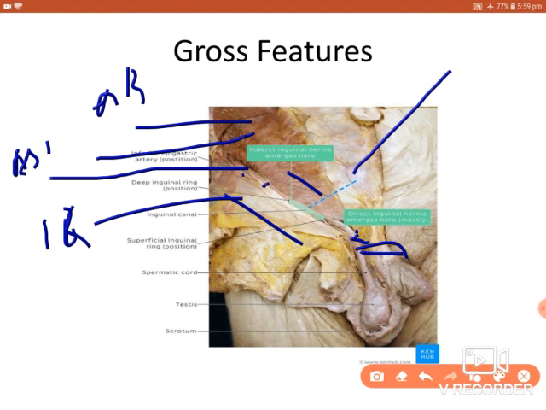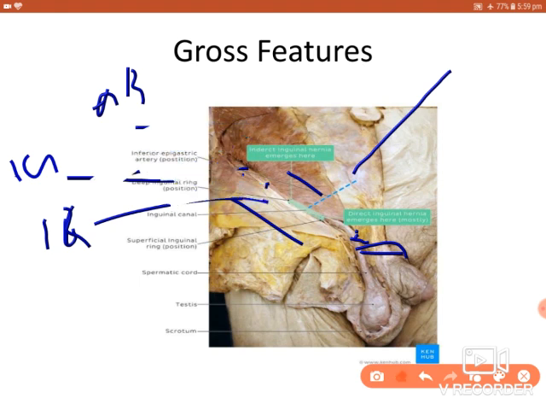This is an aponeurosis of the anterior abdominal wall muscles that forms the inguinal ligament. In the inguinal region, you can see there are two openings. One is towards the exterior, which forms the superficial inguinal ring.